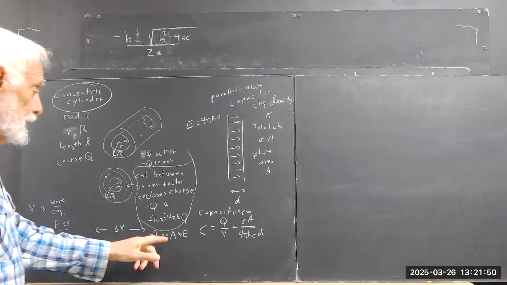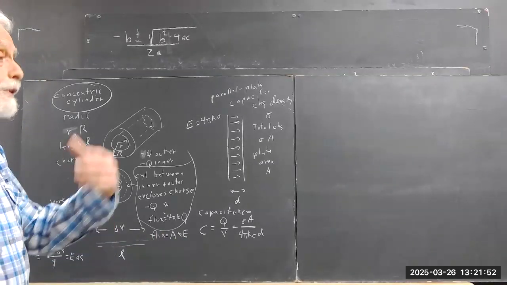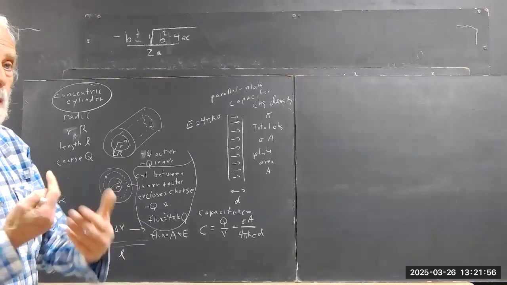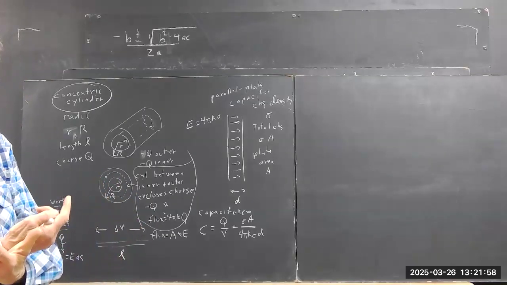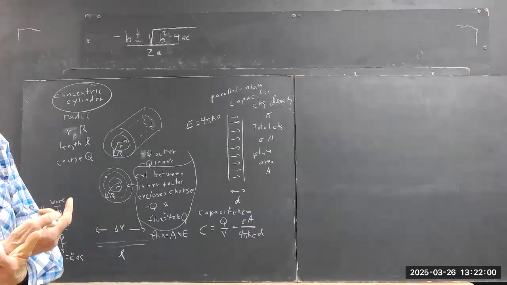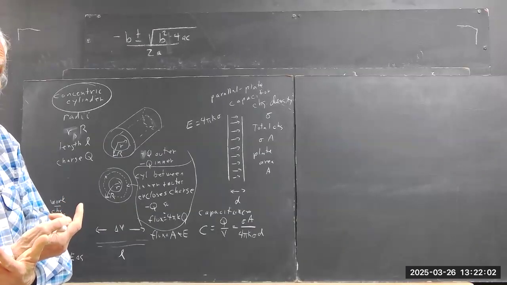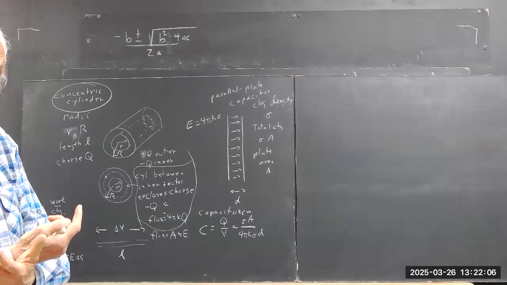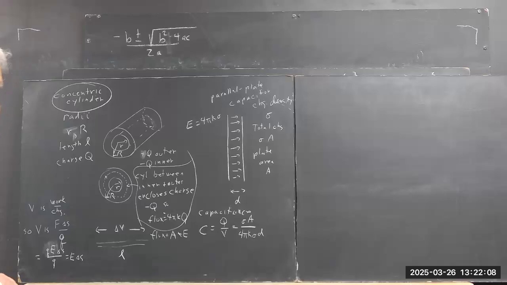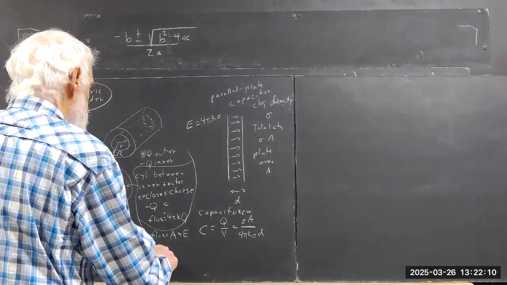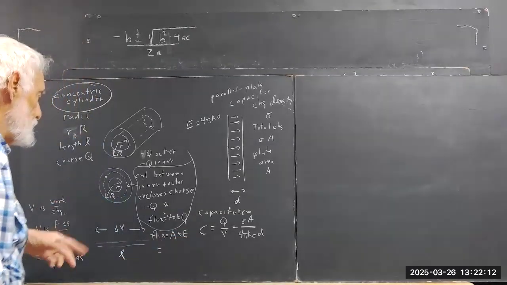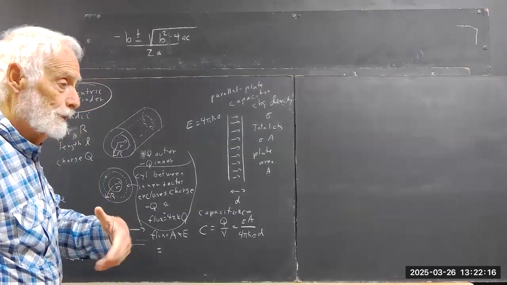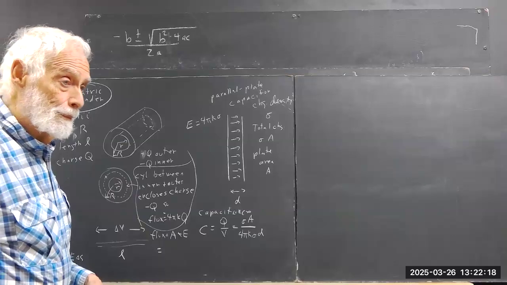And what's the flux? It's the area times the electric field. Technically it's the area times the component of the electric field perpendicular to that surface element. But by the symmetry, the electric field is radial from the axis. So the area of that cylinder is length times circumference.